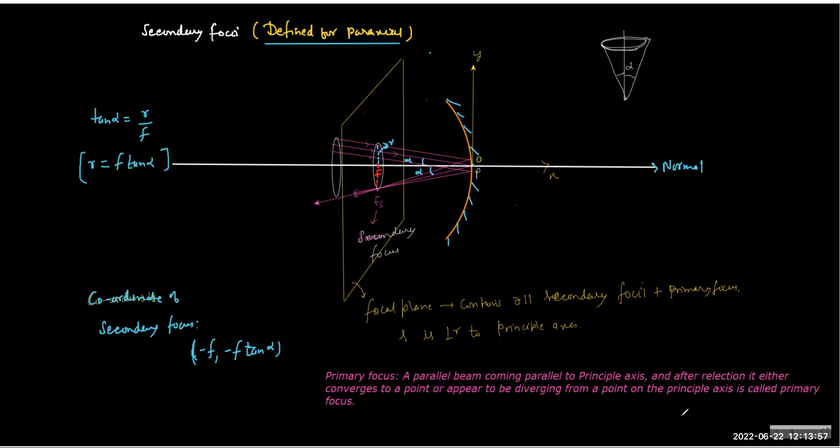The moment I say focus or focal length, it depends on where the light is hitting the mirror, how far from the principal axis. The moment we make the paraxial approximation, things become quite simpler, and therefore we are able to write the answers in terms of some variables.